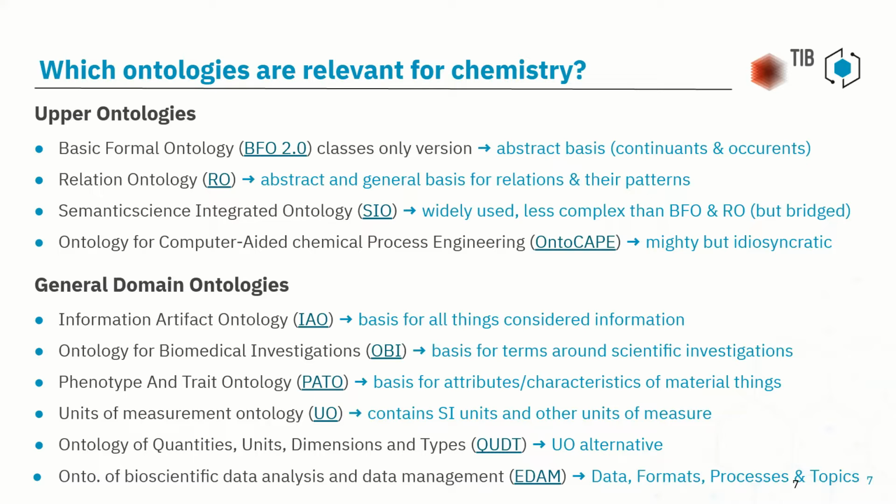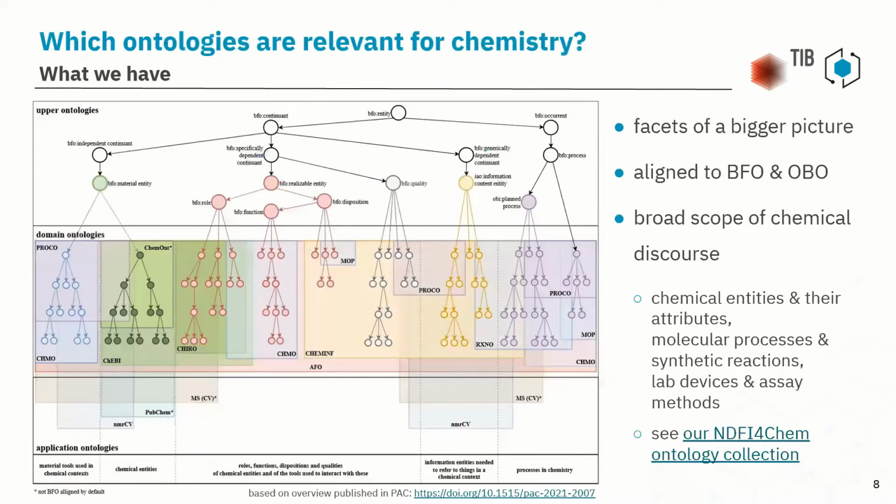But for chemistry specifically, we have the ontologies that you can see here and that are described in more detail in a paper we published. And basically, what I'd like to tell you by showing you this graphic is that there are already quite well-developed ontologies existing that cover a very broad range of discourse that we would like to use when describing research data.